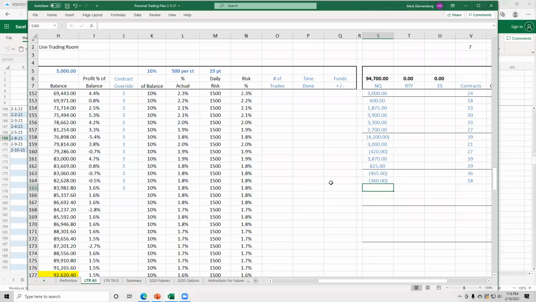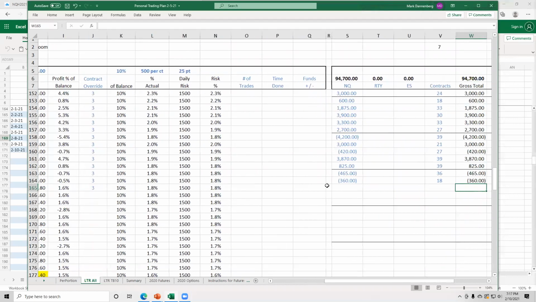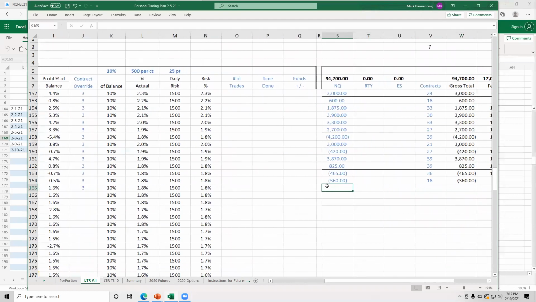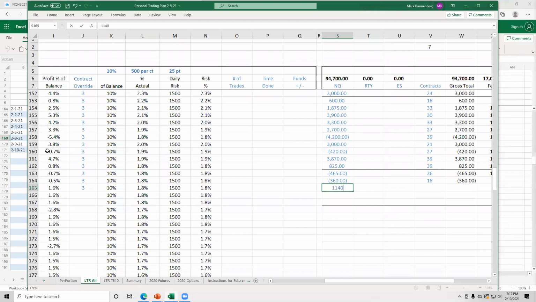So I'm going to come over to our 9:30 to noon category, and on the same day, which concluded today, we had 19 points of profit. So 19 points of profit times $20 a point is $1,140. And we had 10 trades at 3 contracts per trade, so it was 30 contracts.